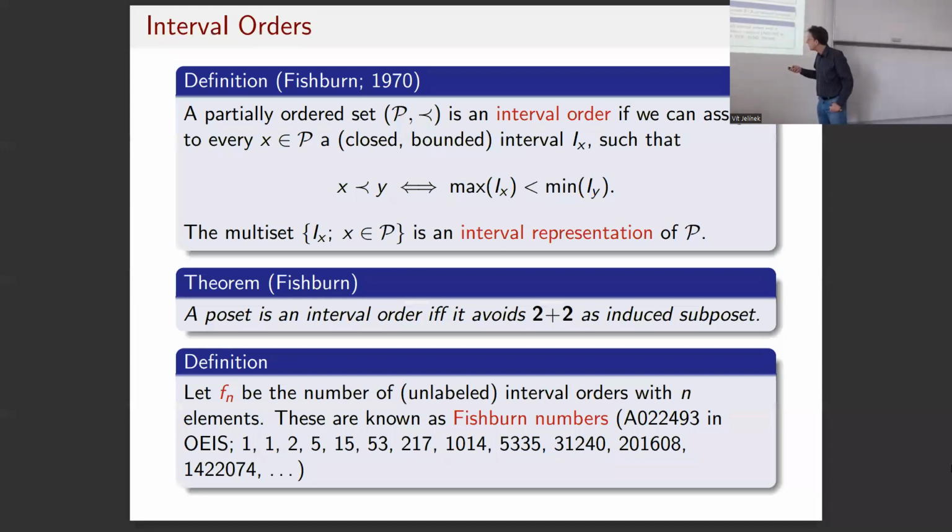So this is f0, f1, f2, f3, and so on. So for instance, f3 is 5, meaning there are 5 possible interval orders on 3 elements. Like this. 1, 2, 3, 4, 5.